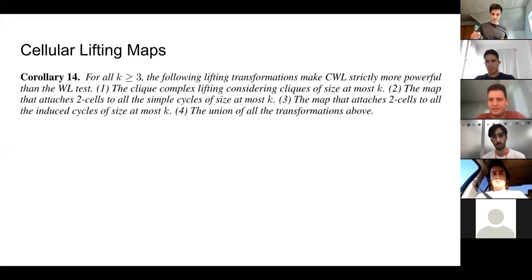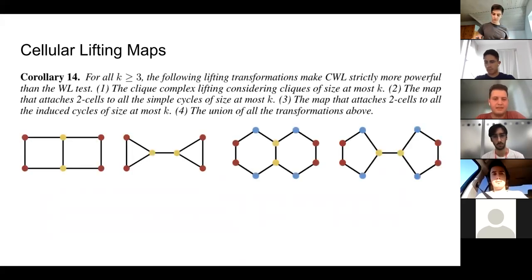And maybe it's useful to look at some examples. These are 2 pairs of graphs, neither of which can be distinguished by the WL test. And what you see here are the colorings of WL, just to see they produce the same histograms. One of my main points here is that what sort of lifting map you use might depend on the application.